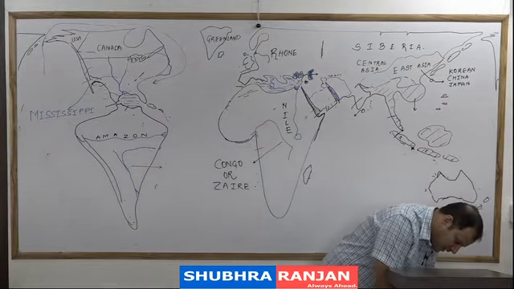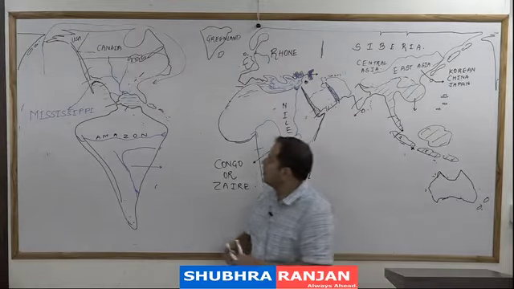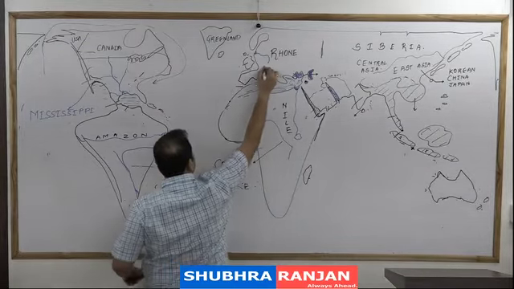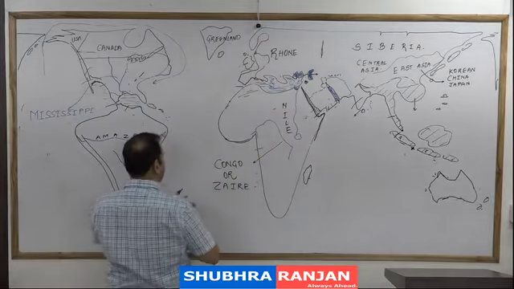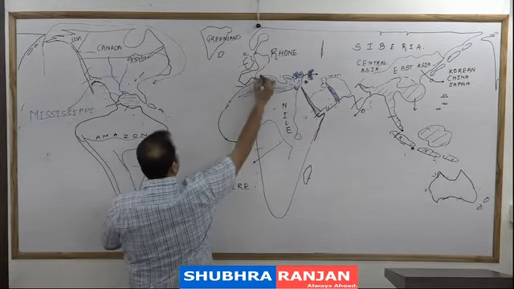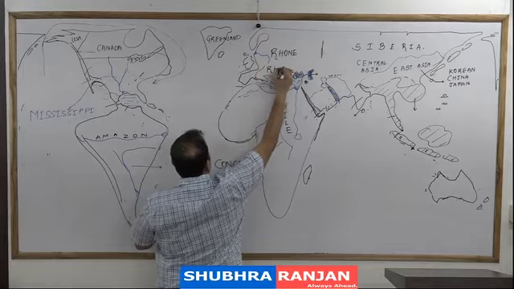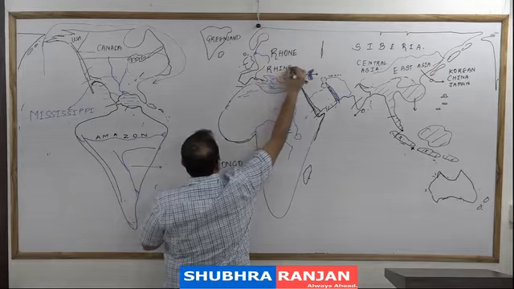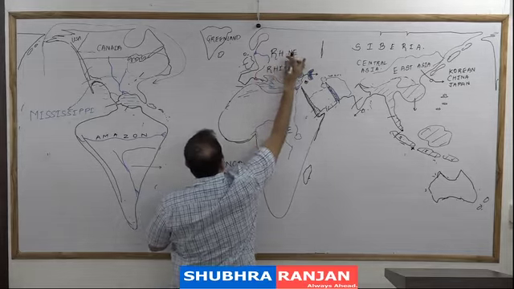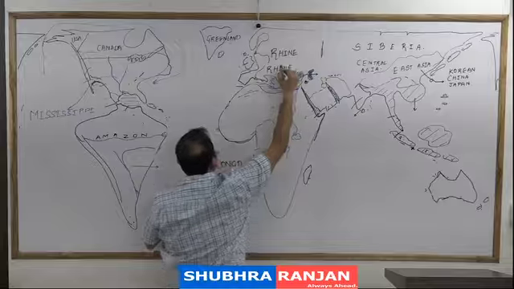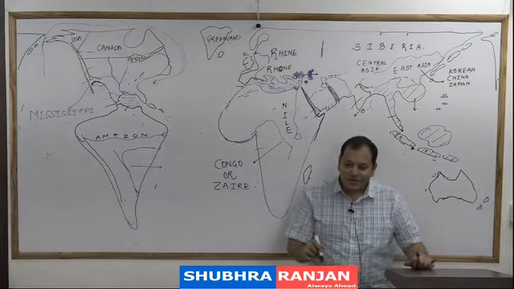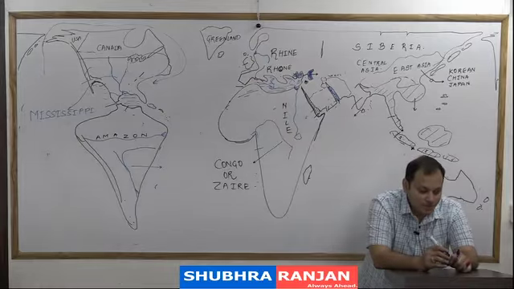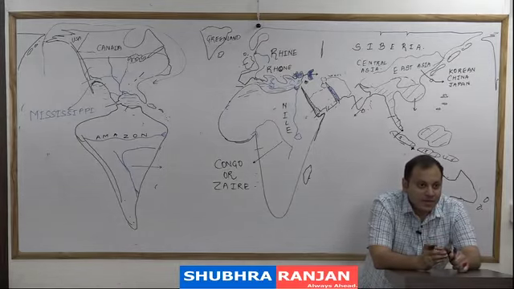And the other river originates here and then drains into the Mediterranean Sea, which is known as River Rhone. See, remember, this upper river is known as River Rhine, and the river which comes down is known as River Rhone. So this is River Rhine and Rhone.